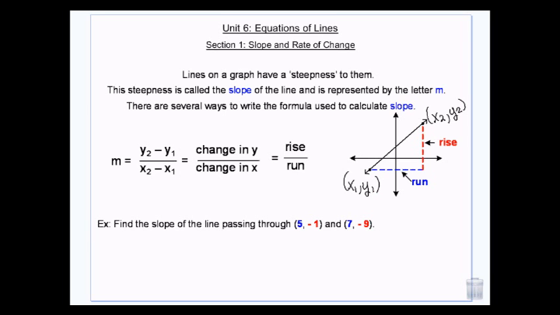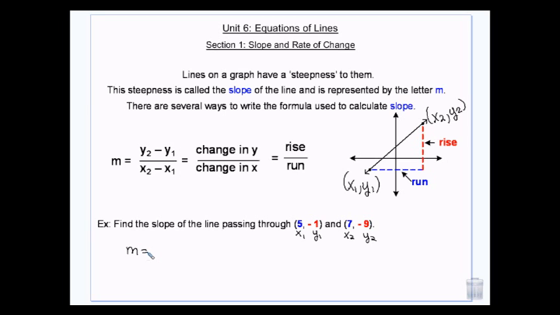Do you want the 5 or the 7 to be x1? The first one to be x1. Okay. So that would be x1, y1, and this will be x2, y2. And again, it doesn't matter. You'll get the same answer either way, so long as both of them are 1s and the other two are both 2s.